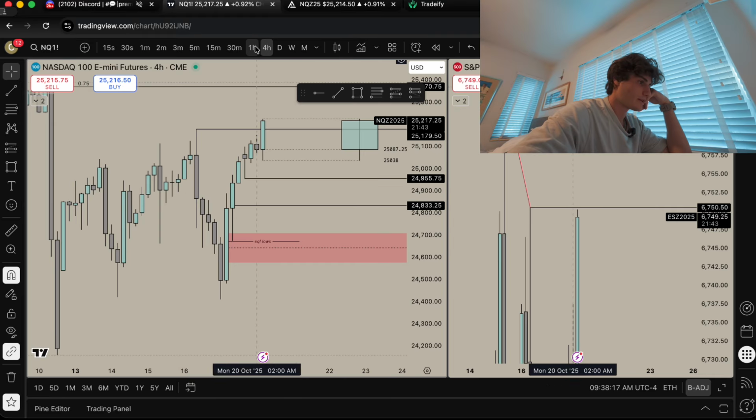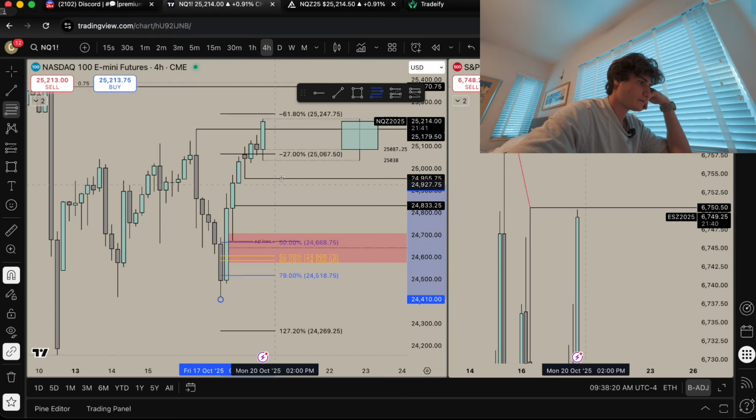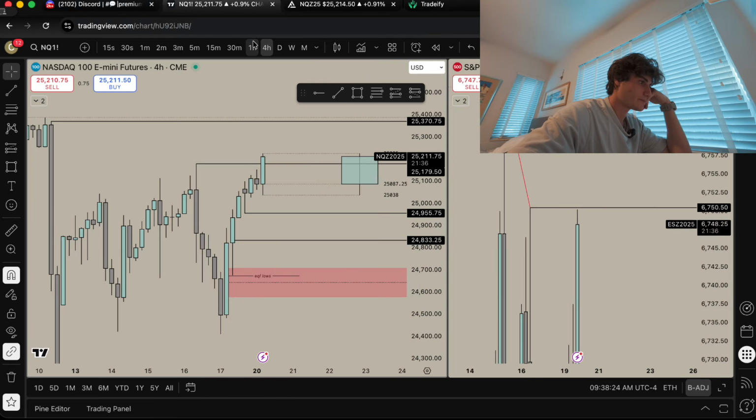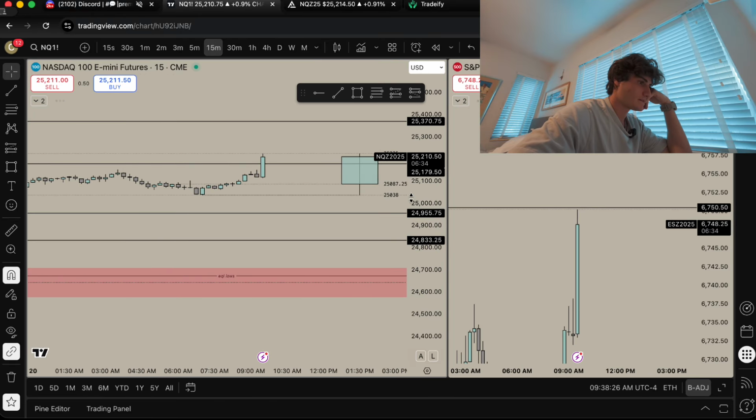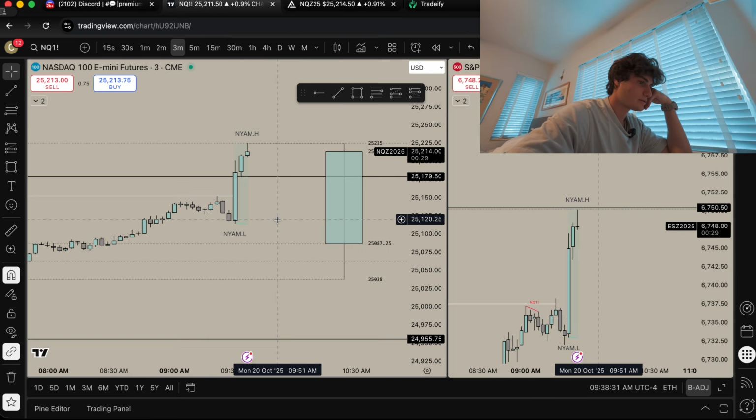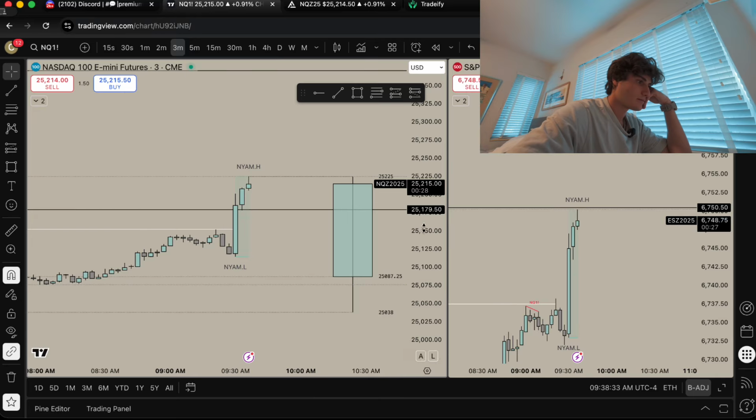It's on the 4-hour time frame. This looks nice, you know? Equilibrium. I mean, there's nothing we could really do except wait. That's it.